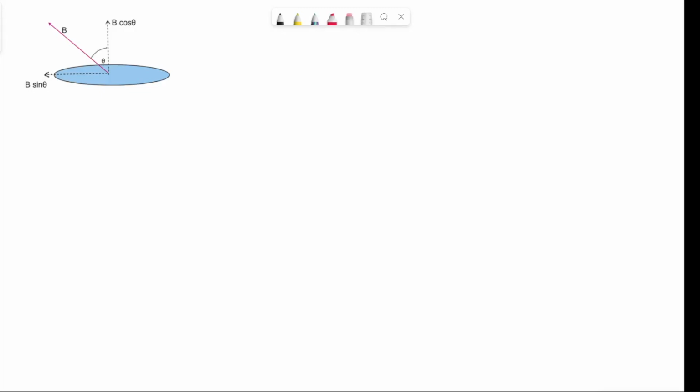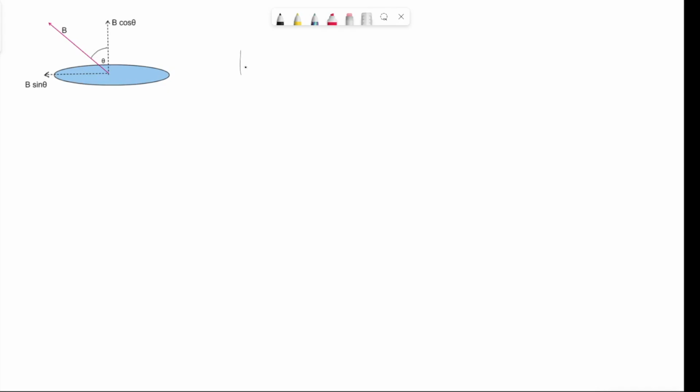In some instances, the magnetic field lines are not always going to be at 90 degrees to the surface. In the diagram, you can see an example where the magnetic lines of flux are at an angle theta to the vertical to the surface. We need to break down the component of B into its vertical and horizontal components, where in this instance B sin theta is the horizontal component and B cos theta is the vertical component.